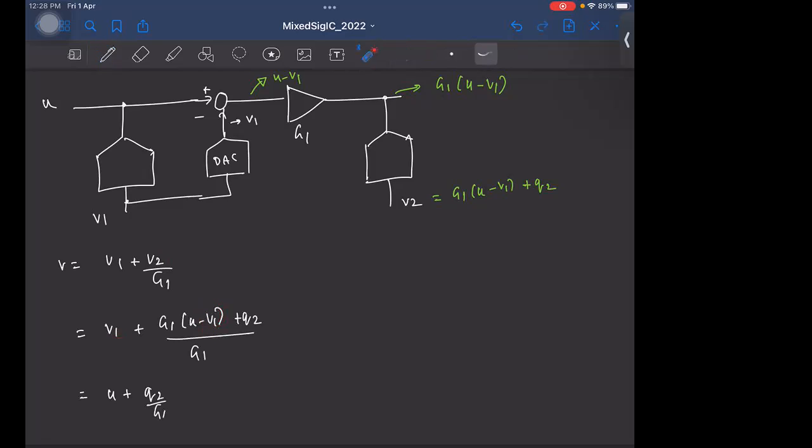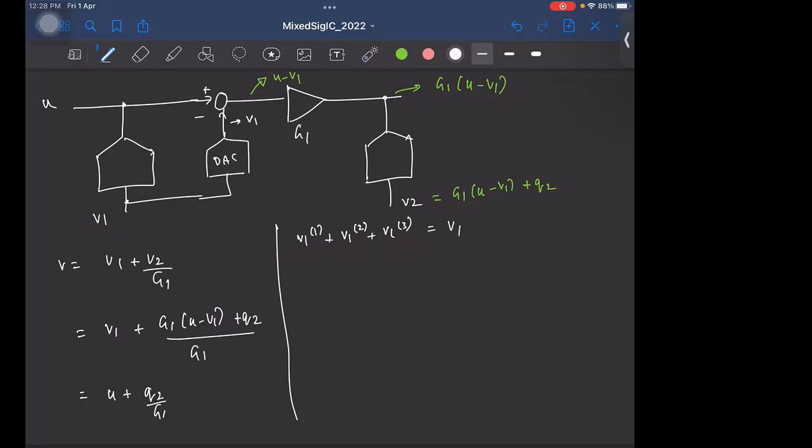Okay. And please remember that the output of the ADC is not actually V1. It is 3 thermometer bits, right? So what we get is, say, V1 of 1, V1 of 2, V1 of 3. And how do we generate V1 from these 3 bits? We simply add, right? That's how we convert the thermometer to the equivalent decimal or binary representation. So ideally, this is what V1 must have been.